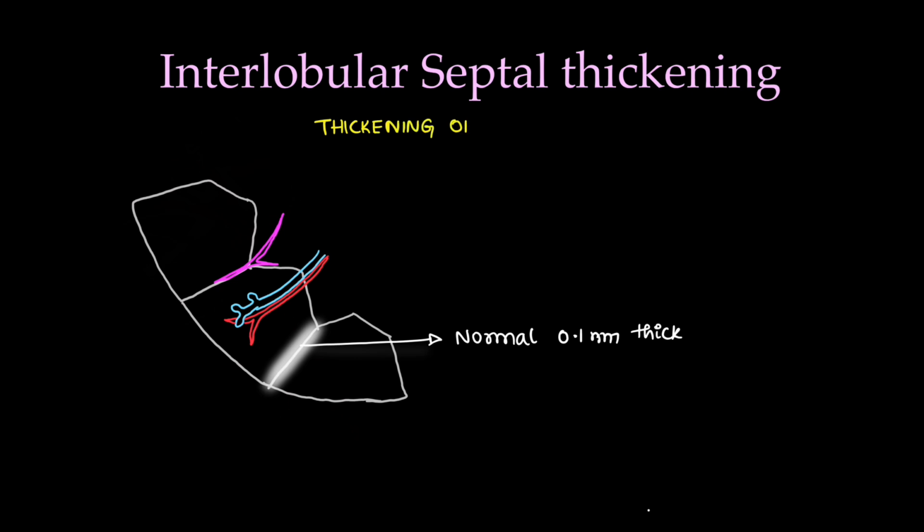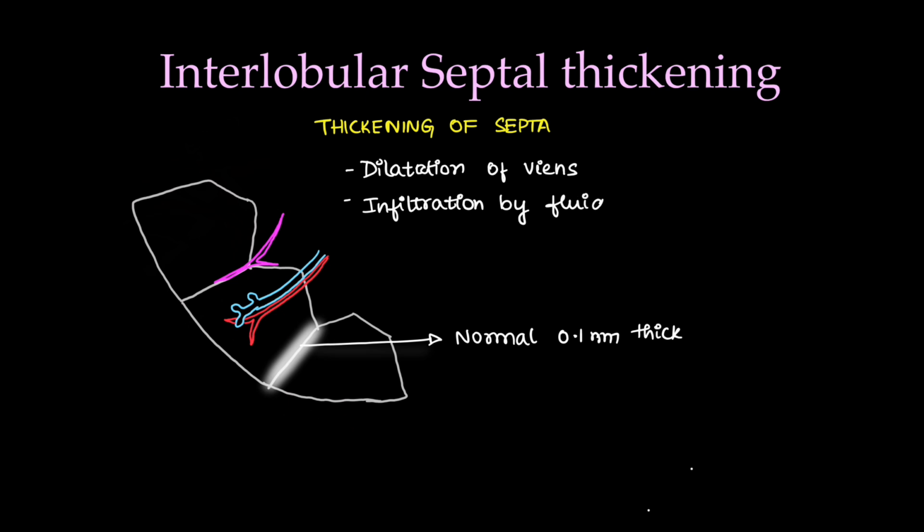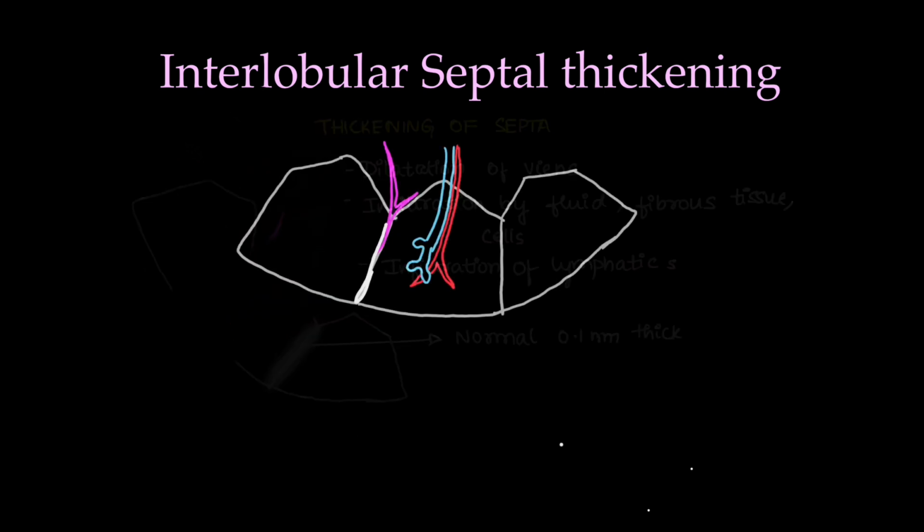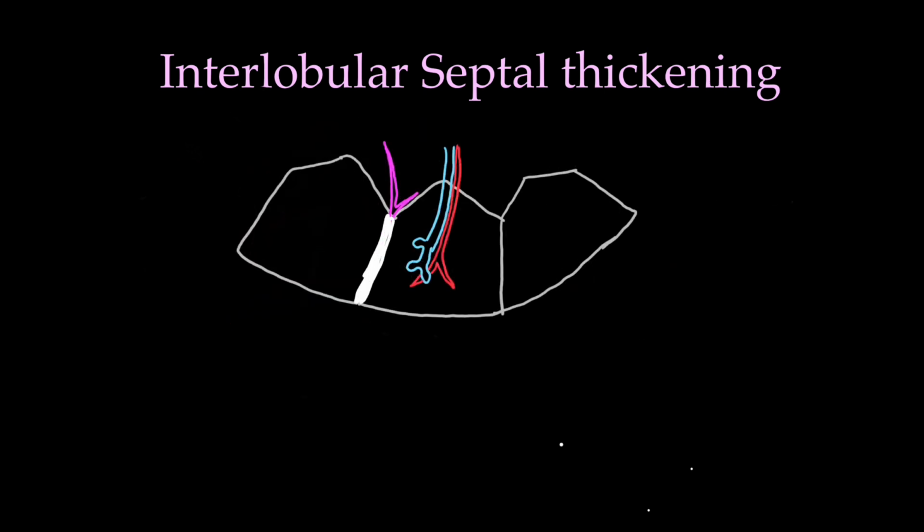If any thickening is seen, this is because of dilatation of the veins which are running through it, or it can be infiltration by fluid, fibrous tissue or cells, or it can be because of infiltration of lymphatics by the disease.